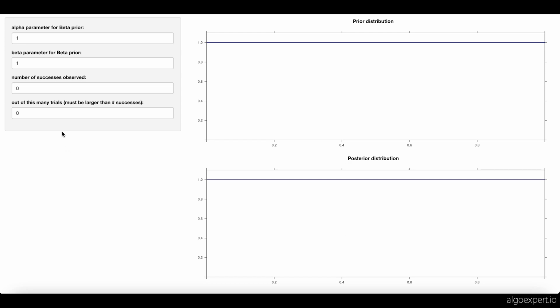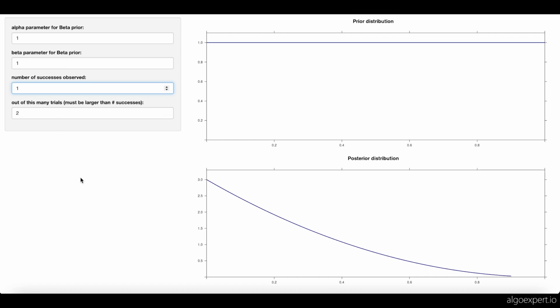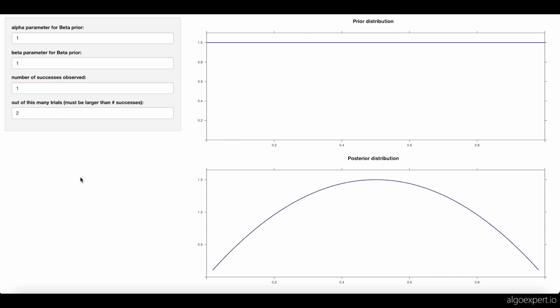Let's say that we sent out 2 push notifications, and one of those push notifications was clicked, the other one was ignored. Here, our prior distribution isn't going to change. However, the posterior distribution did change. Intuitively, I would say that the click-through probability of our push notifications is 50%. This is because half of the push notifications that we sent out resulted in someone clicking on it.